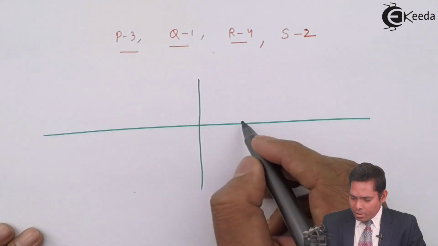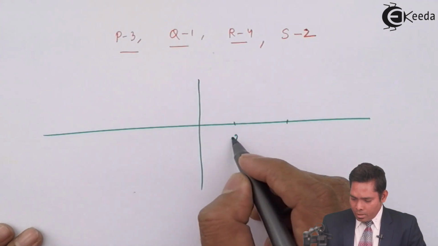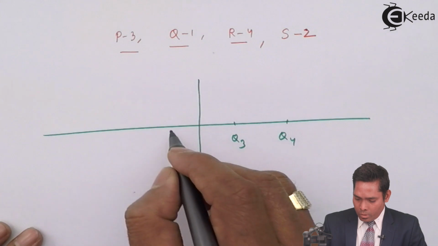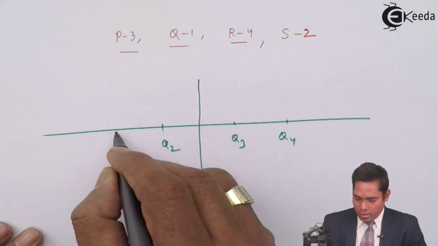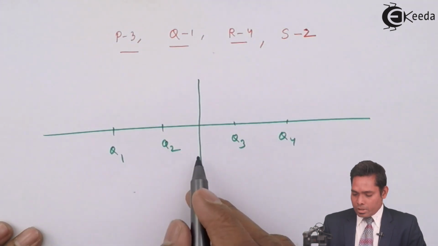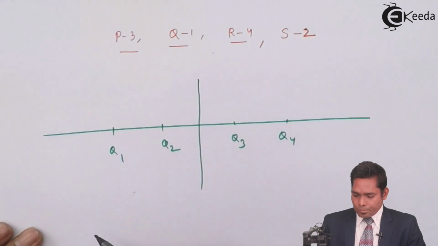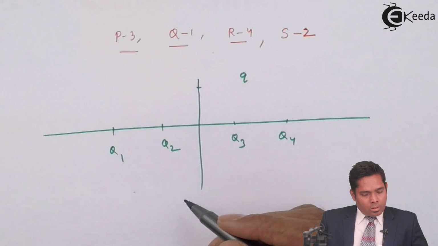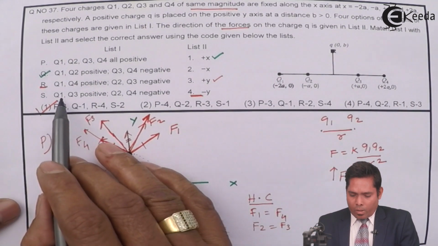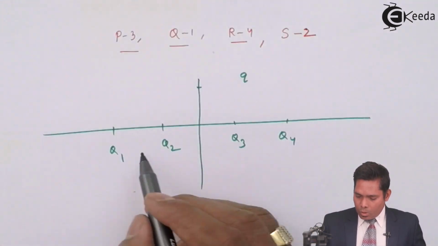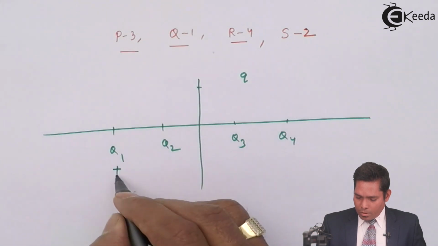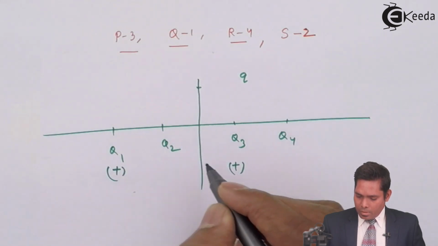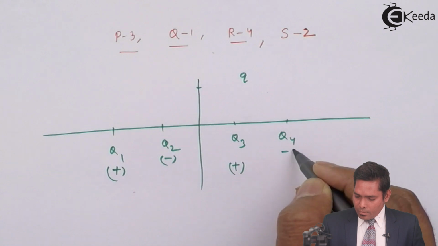This is my y direction. There are 2 charges placed here, Q3 and Q4. Here it is Q2 and here it is Q1, at distances a, 2a, 2a. This is the point where Q is placed. Option S says that Q1 and Q3 are positive. So this is positive and this is positive, this is negative and this is negative.